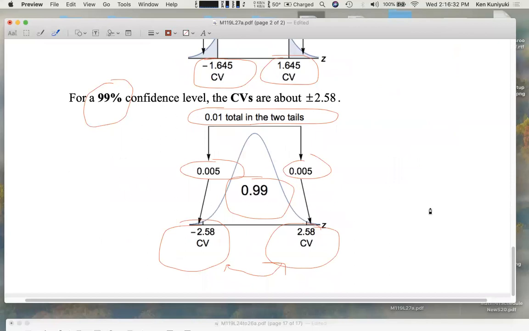Later on, I'll show you how we can deal with critical values for t-distributions and chi-square distributions, but you're not as likely to remember those critical values. Why not? Because how many t-distributions and chi-square distributions are there? There are infinitely many t-distributions and infinitely many chi-square distributions.